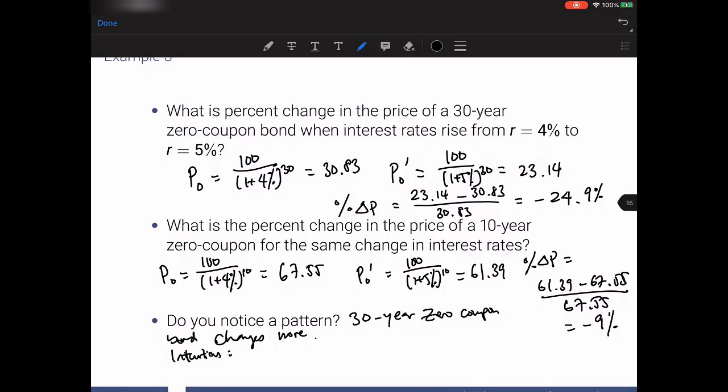If we increase interest rates, longer maturity contracts receive cash flow payments slower. I'm going to use quotations around slower, right? On average. Slower compared to shorter maturity contracts, all right?